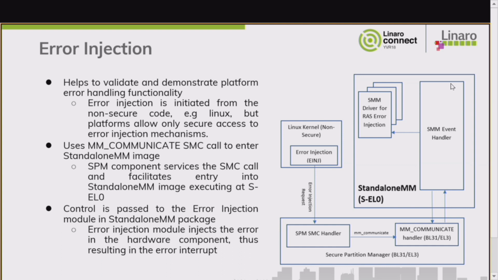Now, for instance, if we have to inject an error into the DMC, into the memory controller, the SMC would request that with an indication that the requested injection is for the DMC error event, in which case the driver handling the DMC errors would be invoked, and that would be requested to inject an error into the DMC. So that would cause a platform error to be generated. So that's a non-standard way of implementing errors.